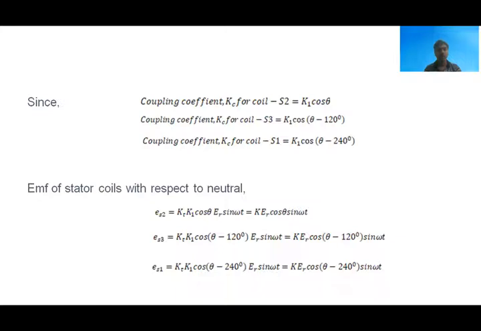Since the coupling coefficient Kc for coil S2 is equal to K1 cos theta, the coupling coefficient Kc for coil S3 is K1 cos (theta minus 120 degrees), because the two stator windings are placed 120 degrees apart. Similarly, the coupling coefficient Kc for coil S1 is equal to K1 cos (theta minus 240 degrees). This is when the rotor is rotating in the anti-clockwise direction.